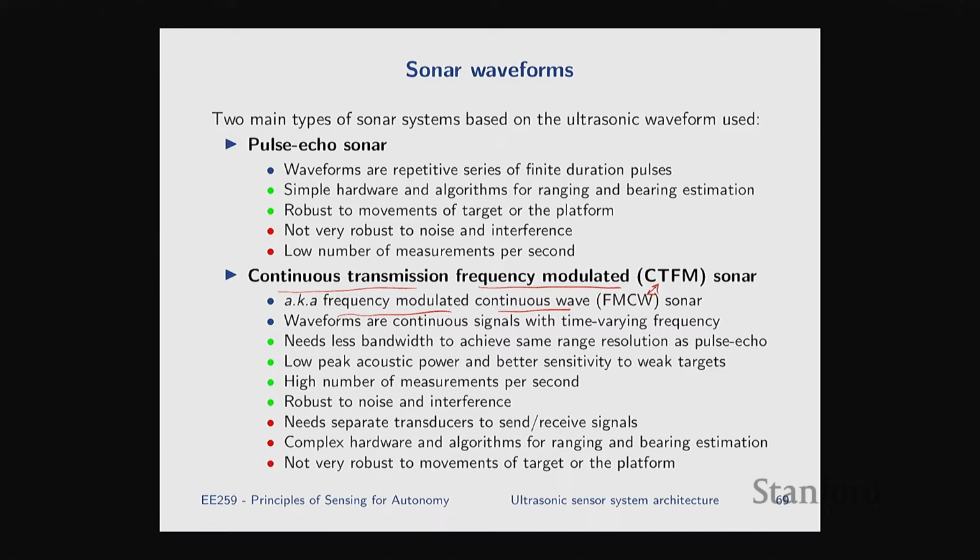Because of that, they don't improve much over time, because over time you're coming up with better algorithms, more interesting ways of doing detections or denoising or filtering, and most of those are not applicable to pulse echo systems. But in CW systems, there's a lot more you can do in DSP, and because of that, these systems, in terms of performance, are getting better and better over time.